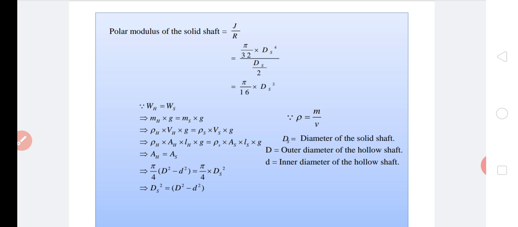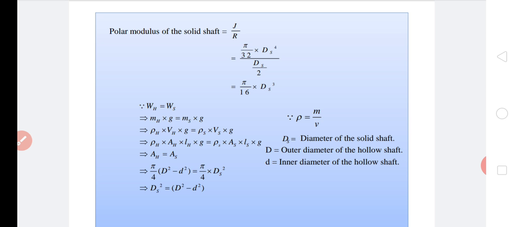As the question has the same weight, we can write W of H equals W of S. Weight equals mass into gravitational acceleration, m into g, and g is the same for the hollow and solid shaft.